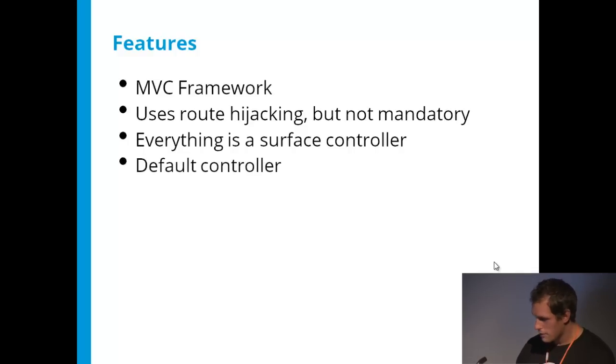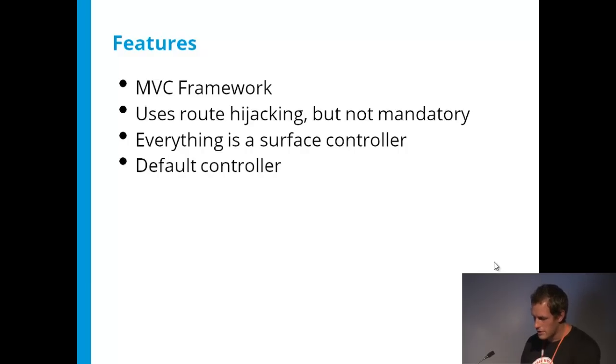It also comes with a default controller. So, like I said, the route hijacking is mandatory. You can create your own controller and do your logic in there, but there are situations like a simple content page or a news item page where there isn't a lot of logic and where you can just do everything in your view. So you don't need an extra controller for that.